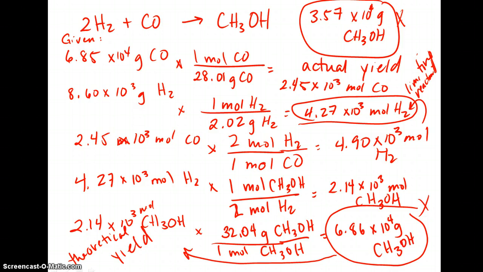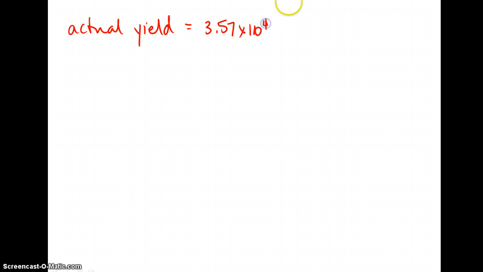I'm going to move on to the next slide. Just as a reminder, we had actual yield, which I gave to you as a given: 3.57 times 10 to the fourth grams of CH3OH.